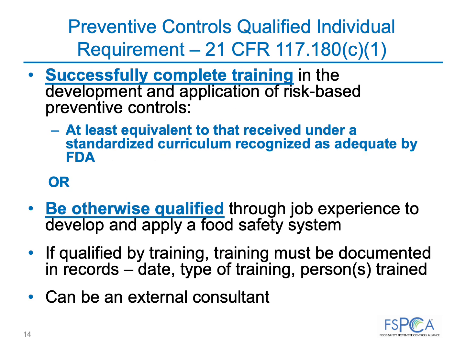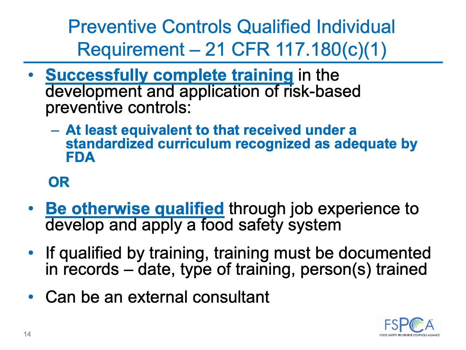There are two ways to become a preventive controls qualified individual. The first way is to successfully complete training in the development and application of risk-based preventive controls, such as attending this training class and successfully completing the exercises. The second way is for an individual to be qualified through job experience to develop and implement a food safety plan.